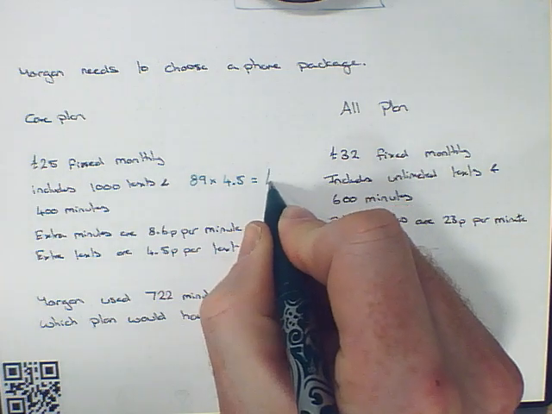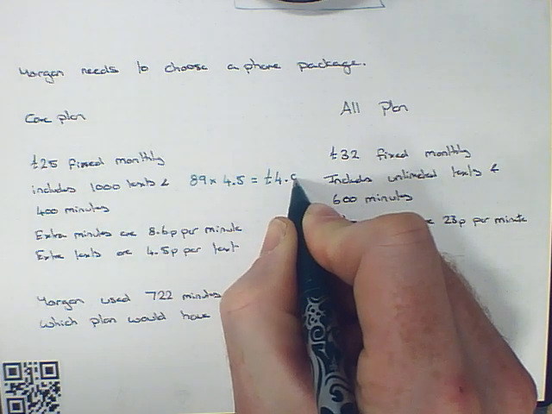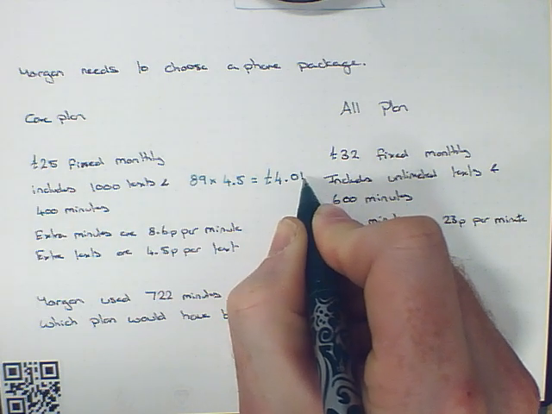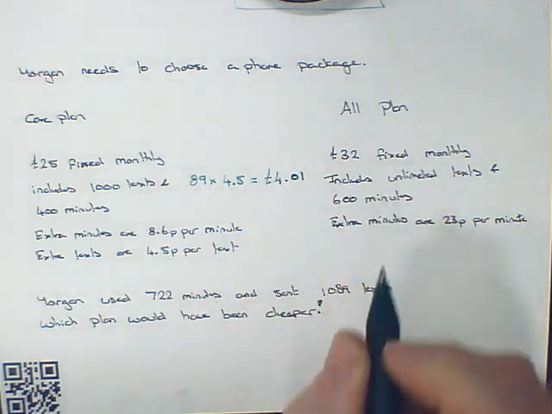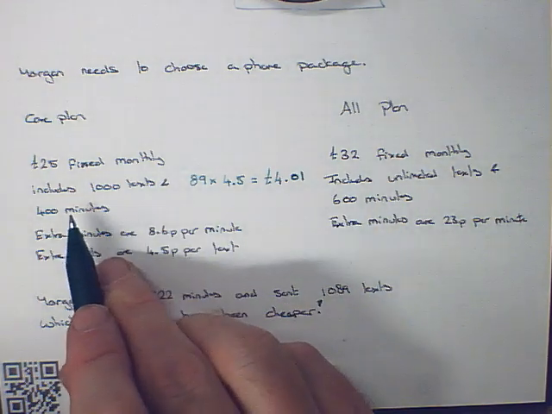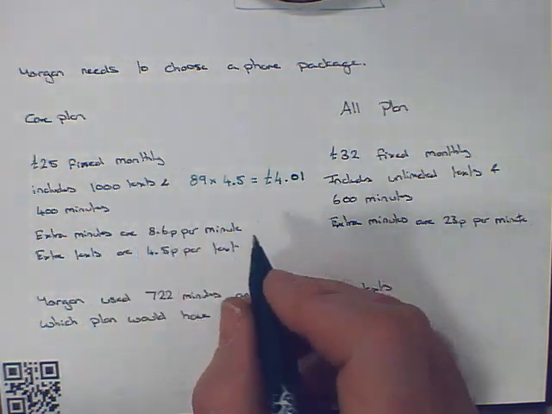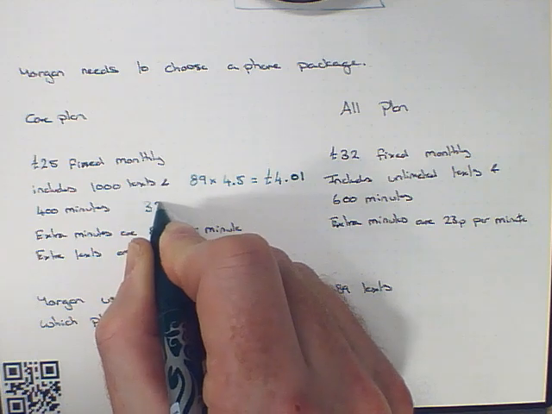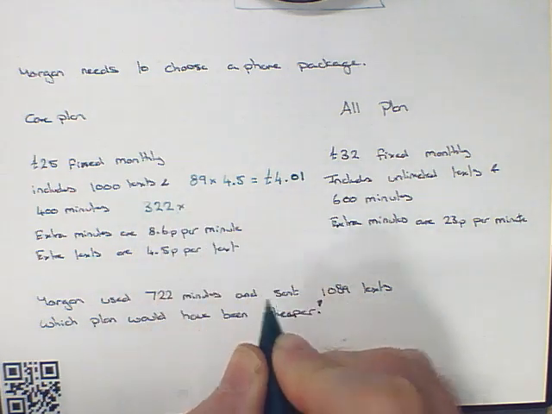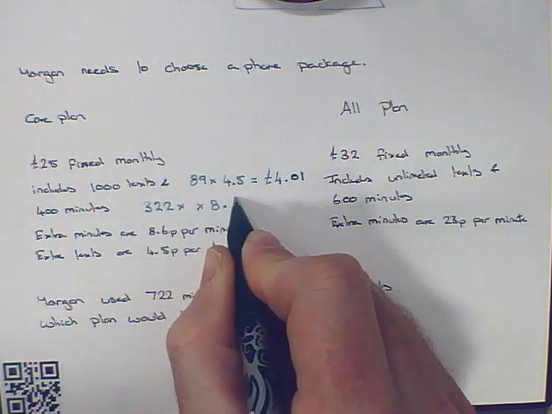If I write that in pounds, that's going to be £4 and 1p if I round it. You know these companies, they like to round. Now, extra minutes. It was 322 extra minutes because it included 400 of them, but he used 722. So it's 322 multiplied by 8.6.